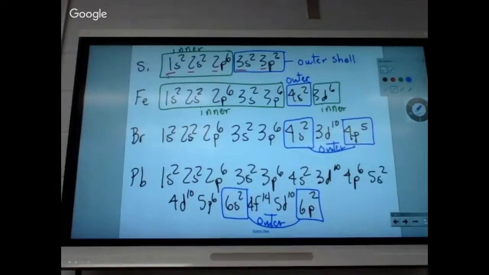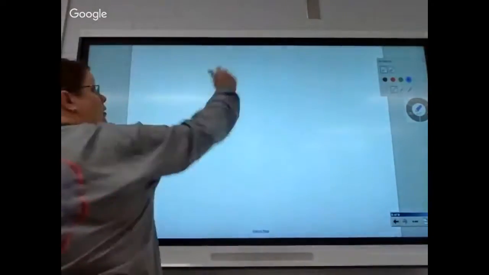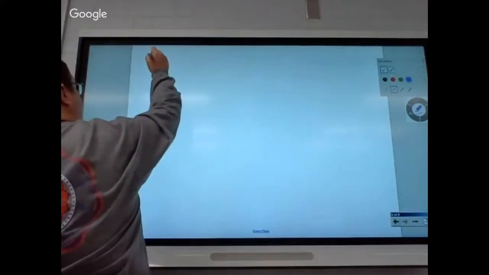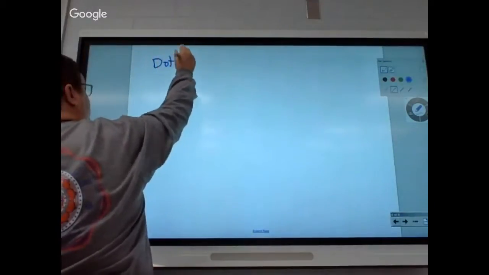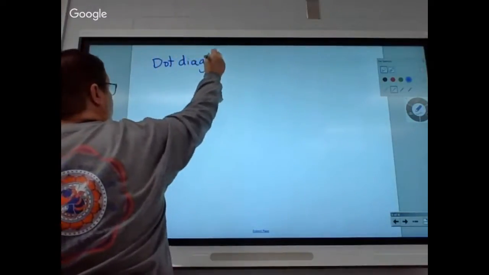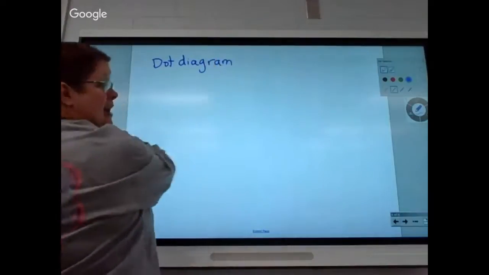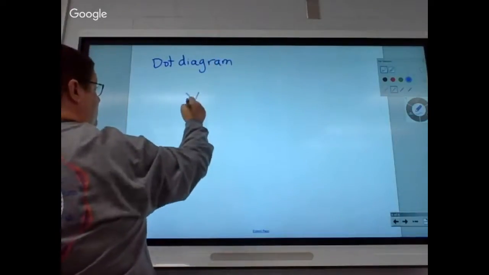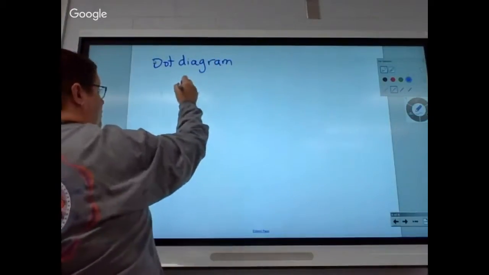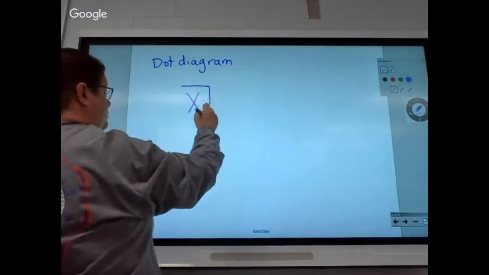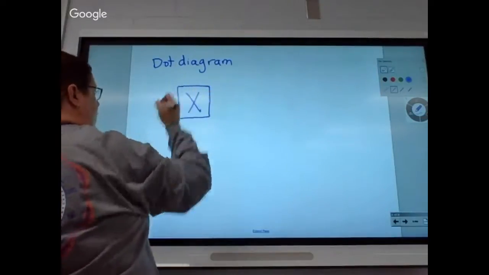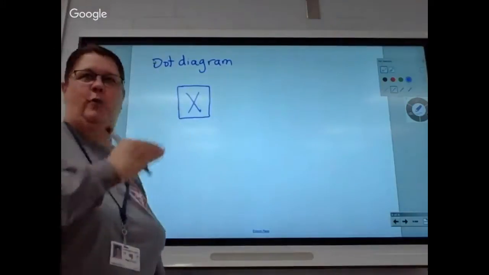All right. So what are we going to do with this now? Now we're going to draw their dot diagrams. Now, a dot diagram essentially has an element, and I want you to envision, don't draw this, just follow along, 4 sides around the element.